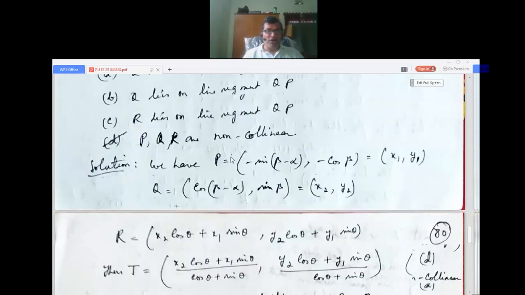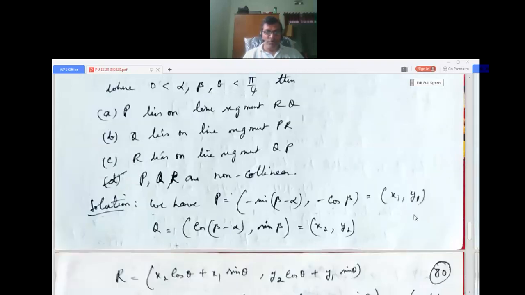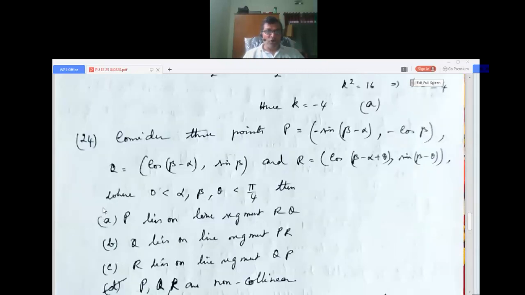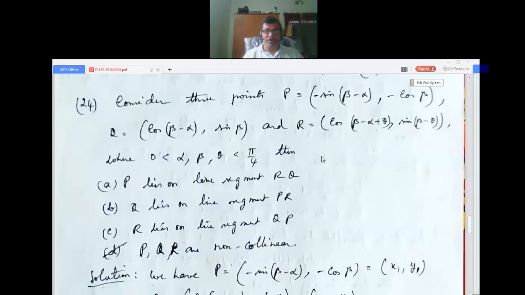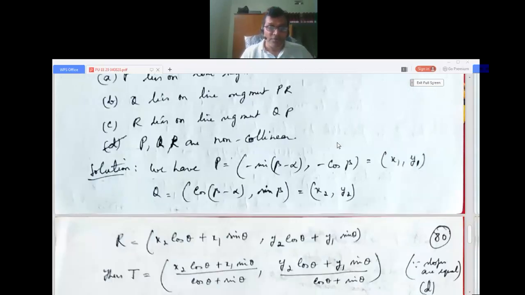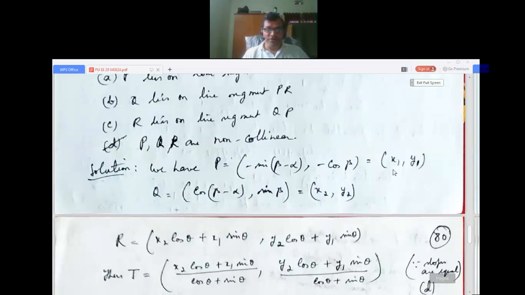Okay, we have P as minus sine of beta minus alpha comma minus cos beta, that is x1 y1. Q as cos of beta minus alpha comma sine beta, that is x2 y2, and R as cos of beta minus alpha plus theta comma sine of beta minus theta. Now you take P as x1 y1 and Q as x2 y2.